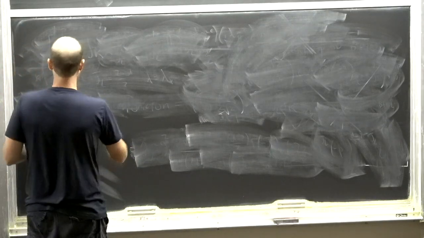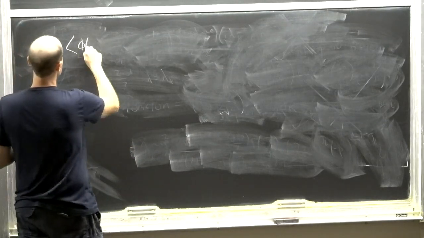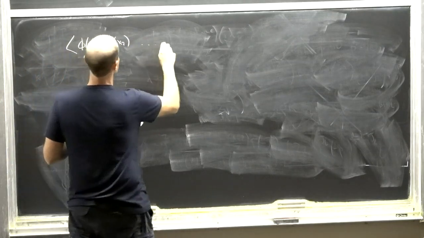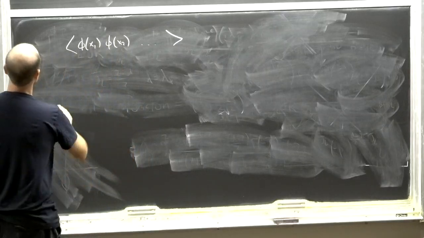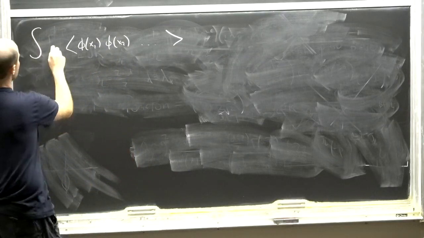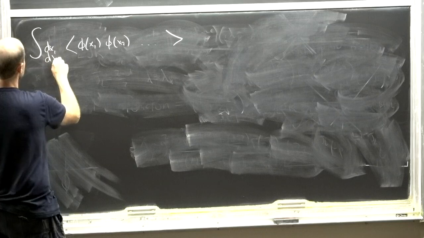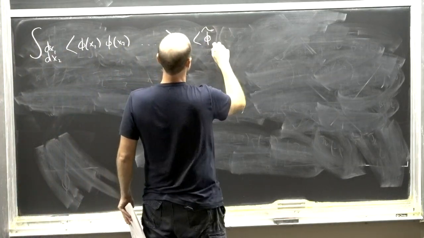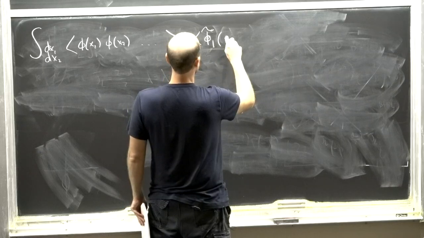The idea is if you start with a correlation function, then you can define something called a partial wave, which is an integral over 2 points against a kind of wave function, which happens to be a conformal 3-point function.